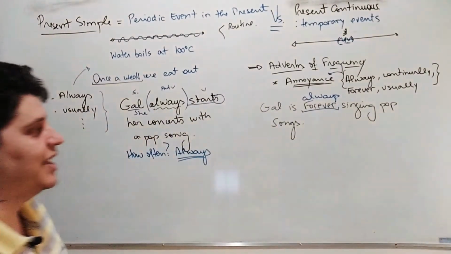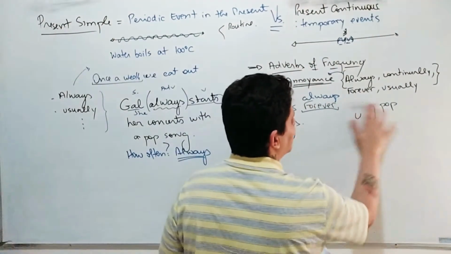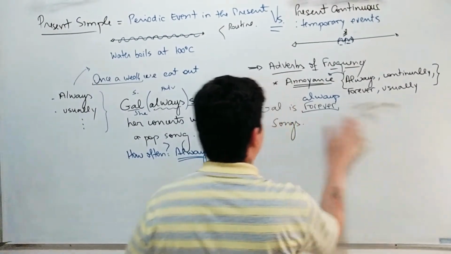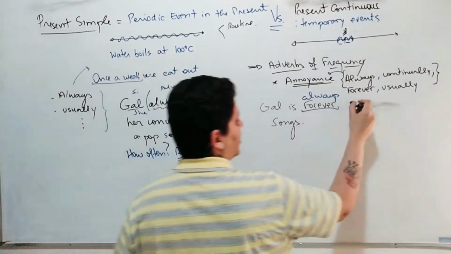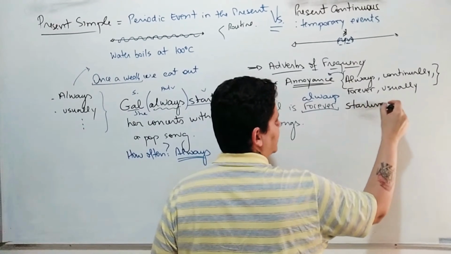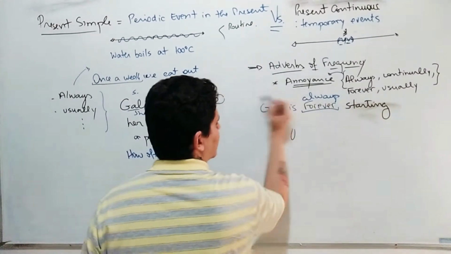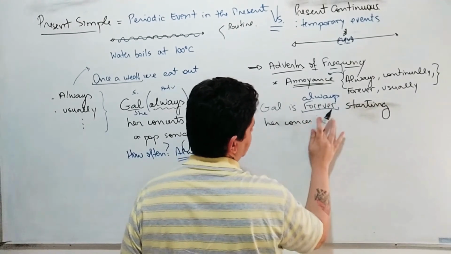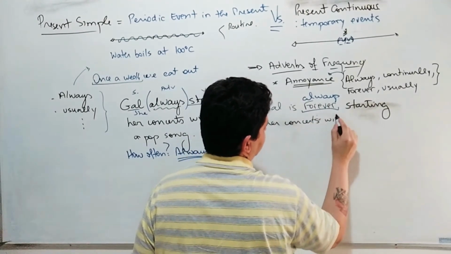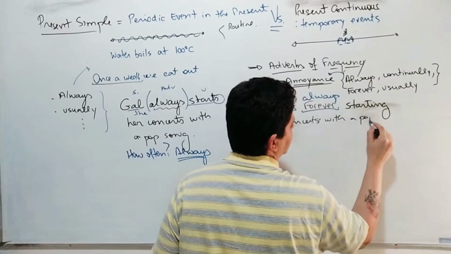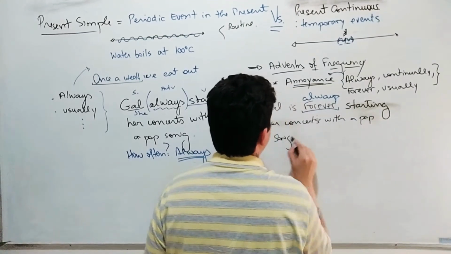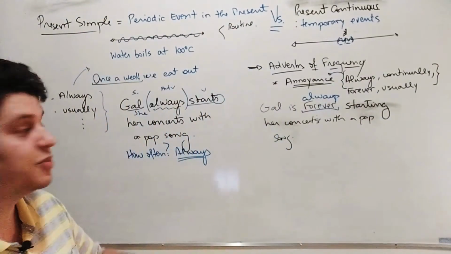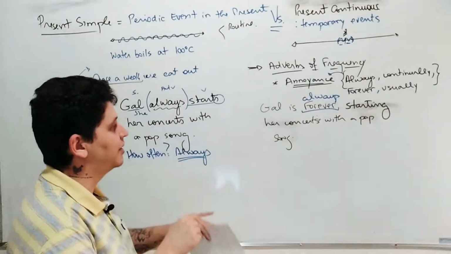We could also say, instead of singing pop songs, so it can give you a better idea of what I meant, because I changed it. She's always starting her concerts with a pop song. Sorry, I had changed the example, but I wanted to preserve the exact same example.